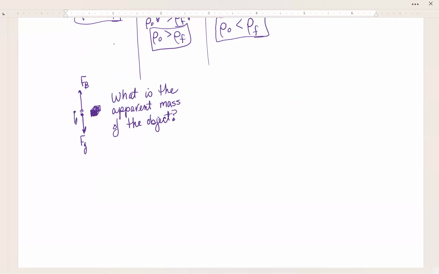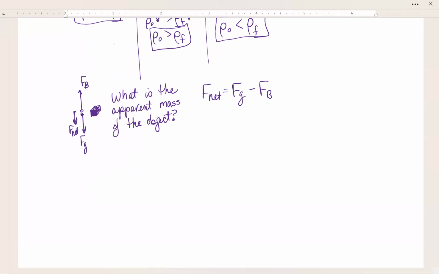I'm just going to put it down here, because if you draw it upward, you'll get a knot. So let's do our net force, because we would want that to be 0. So our net force is going to be the force of gravity minus the buoyant force.